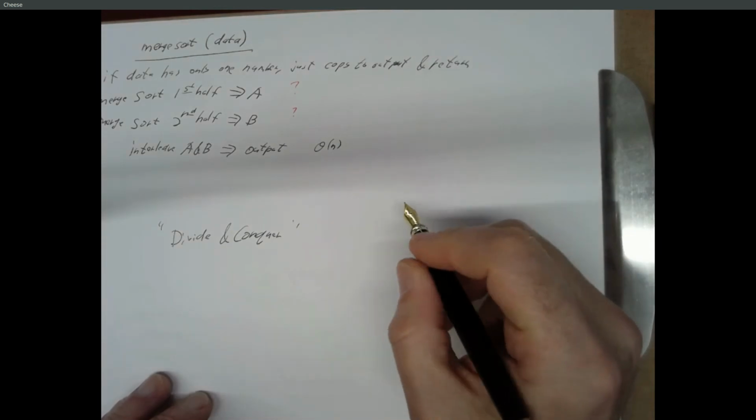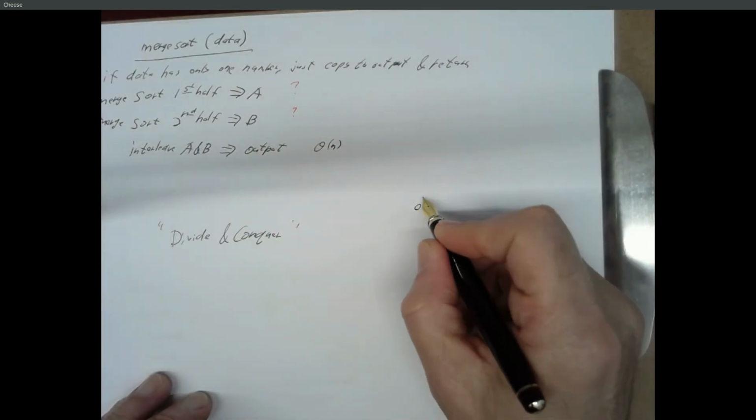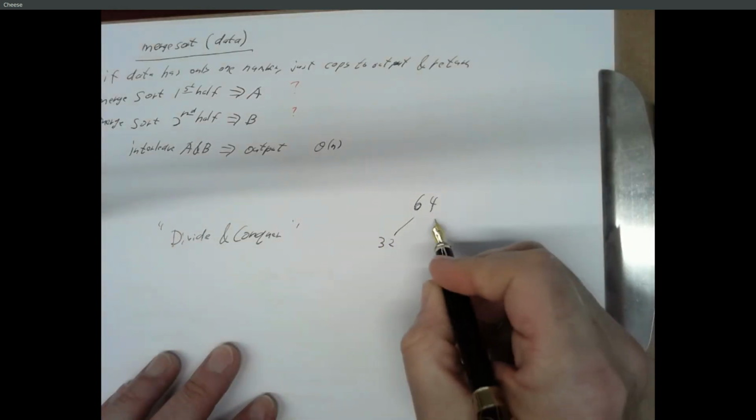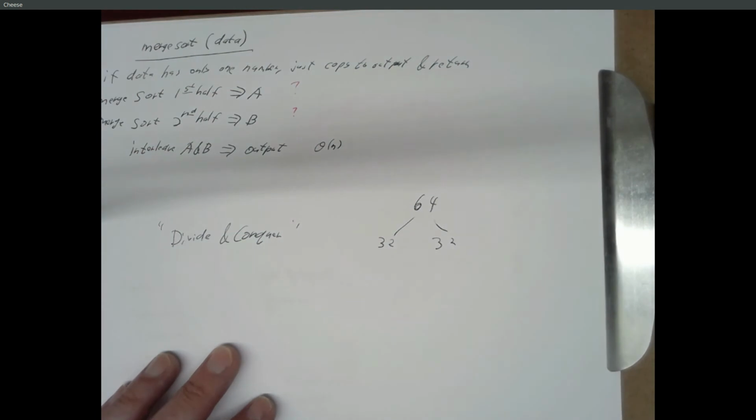So yeah, the question is, how many times do we end up calling merge sort? Merge sort is order n, and n's getting smaller, but how many times do we actually recurse? So if you start with, yeah, so it's going to be logarithmic. So if you start with 64 numbers that you want to sort, you're going to call merge sort on 32 numbers twice.